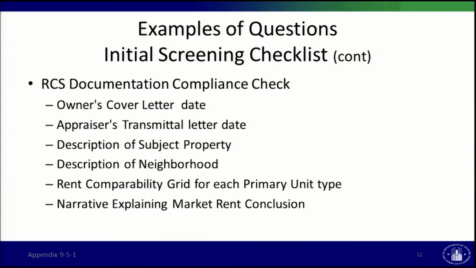Is there a description of the neighborhood? Is there a rent comparability grid for each primary unit type? Is there a narrative explaining market rent conclusions? Now, as the initial screener, you're not expected to comment on the quality of the narrative, but only determine if it's in the document.